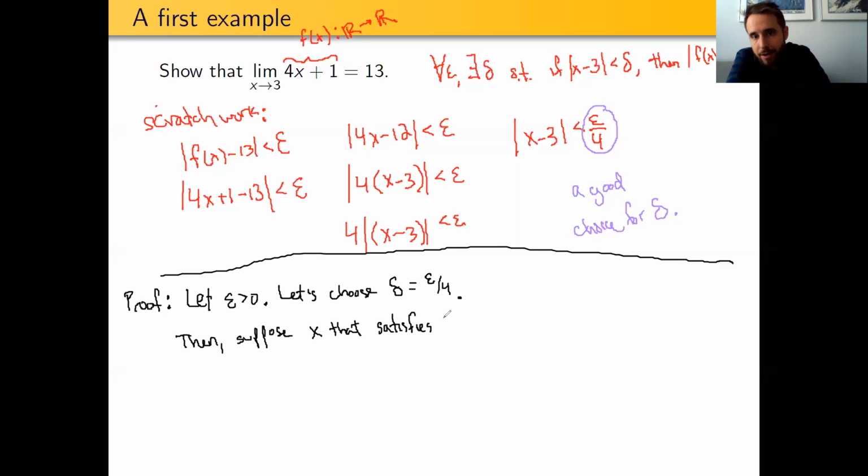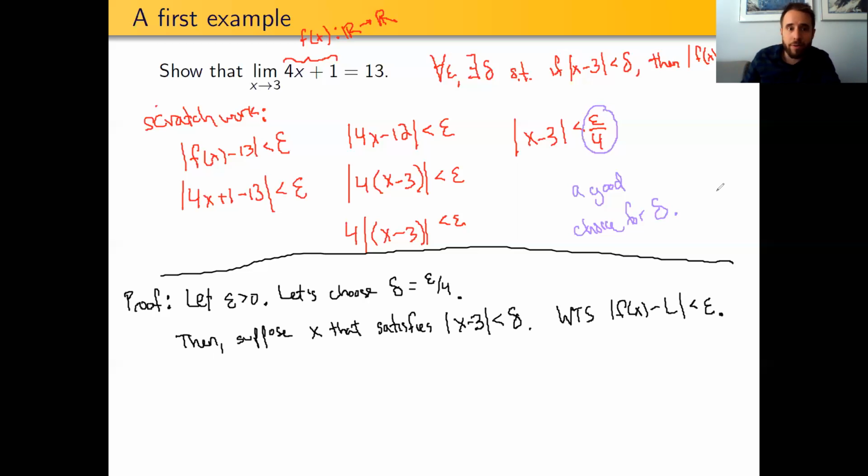absolute value of x minus 3 is less than delta. What we will ultimately want to show is that f of x minus L is less than epsilon.